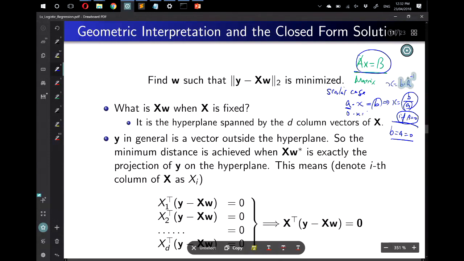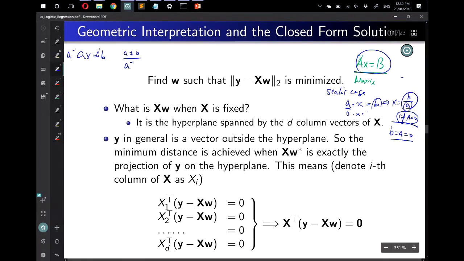If I use the matrix form, it's going to be A. So essentially, you know that ax equals b and a does not equal 0, right? So we multiply a to the minus 1 on both sides. a minus 1 times a gives me 1. So that's why x equals a minus 1 times b. Okay? And you do the exact same thing for the matrix.